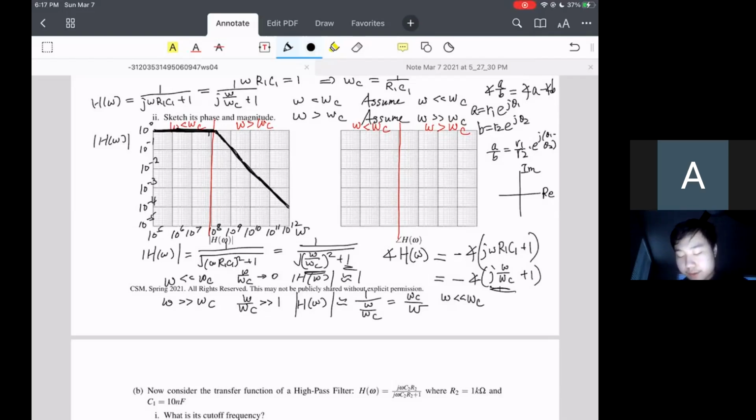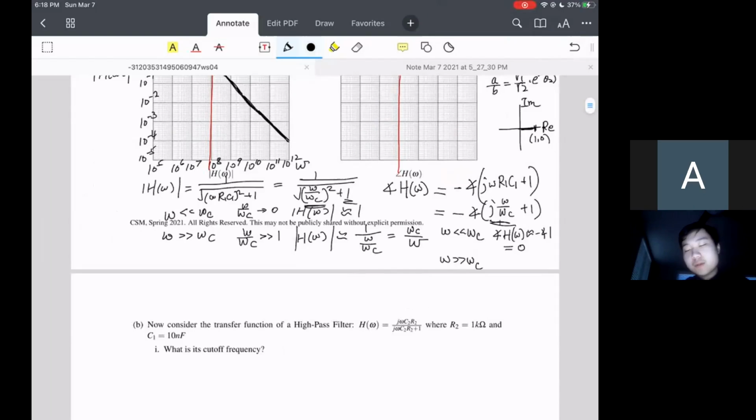So this phase of H of omega just tends to the negative angle of 1. Since 1 is a real number, we draw out its coordinates, which is (1, 0), which implies that its angle would then just be 0. And so the phase of H of omega would just be 0.